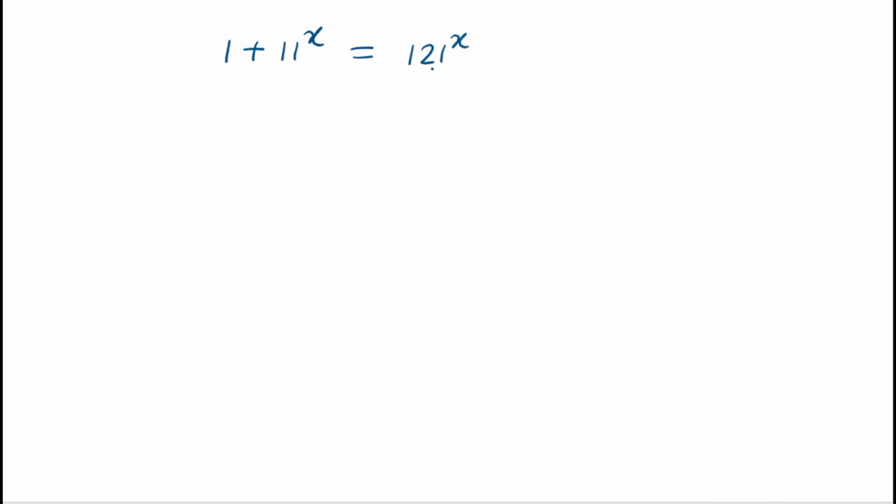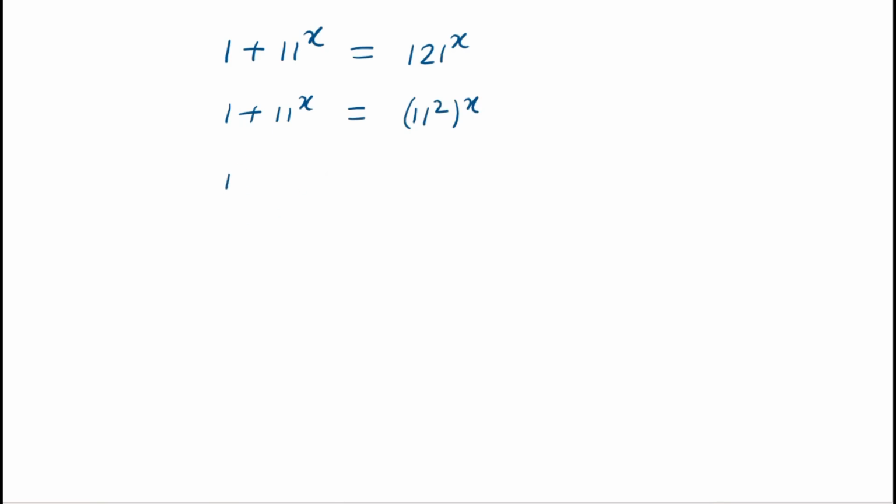Now look carefully, this term 11 and this is 121. We know that 121 is the square of 11. So on the left hand side 1 + 11^x is equal to, and we can write this 121 as the square of 11, so this is equal to (11^2)^x.